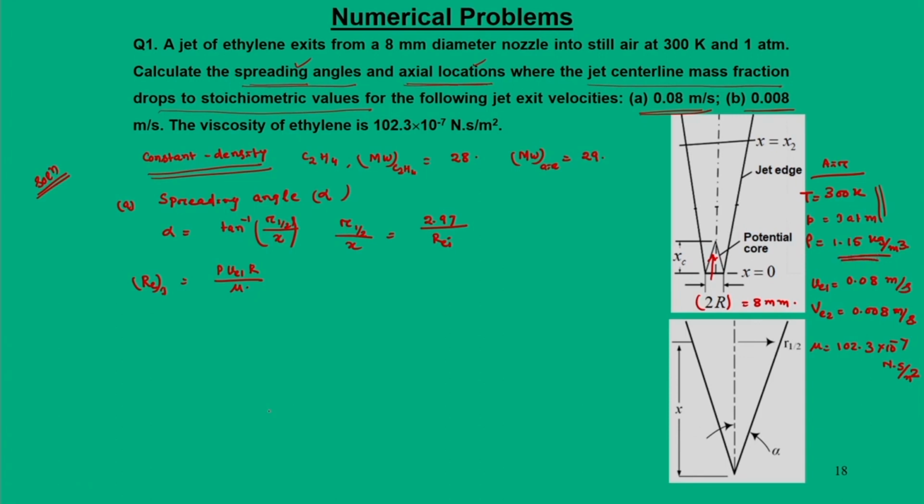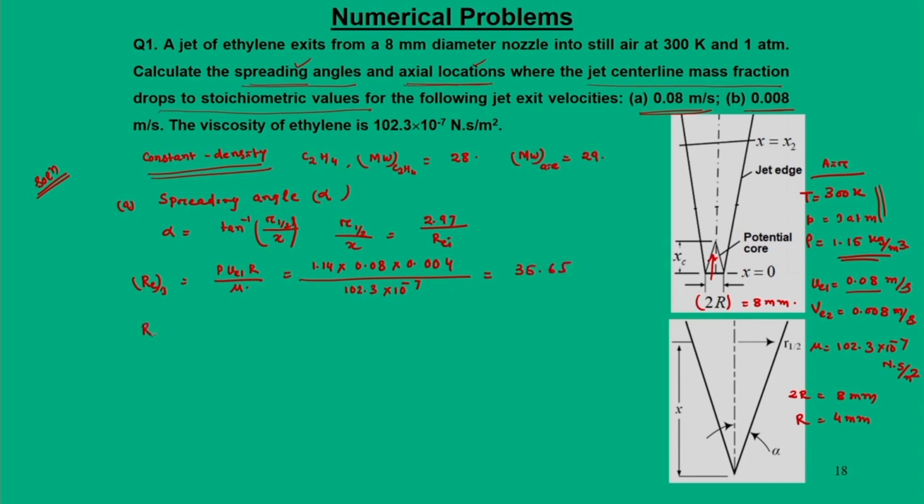VE1 is 0.08, and 2r is 8 mm, so r is 4 mm. Putting in these values, we can write 1.14 into 0.08 into 0.004 divided by 102.3 into 10 to the power minus 7.